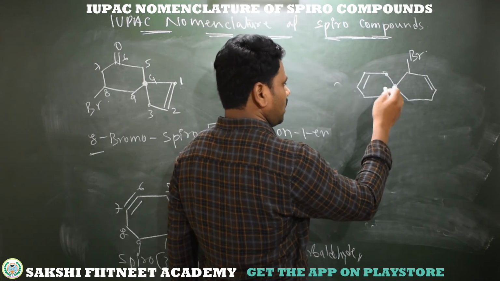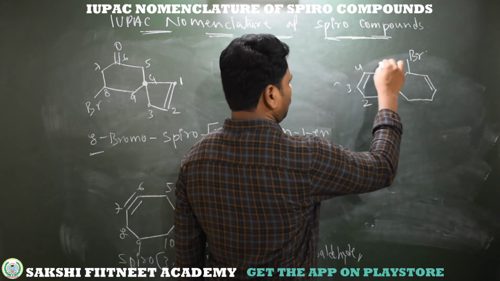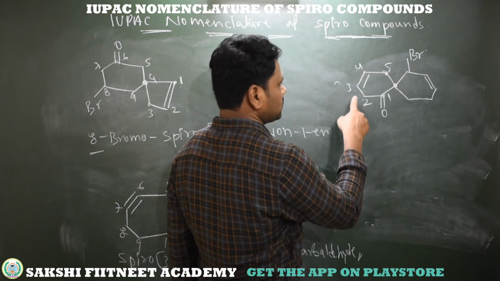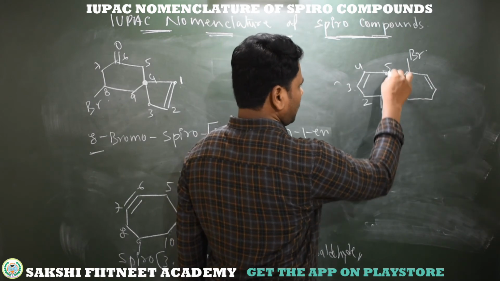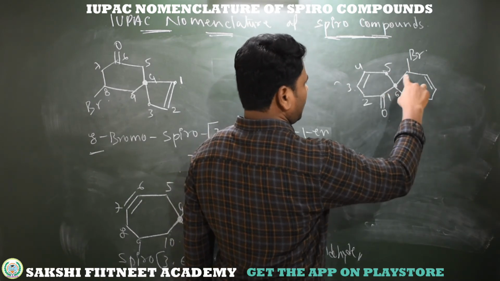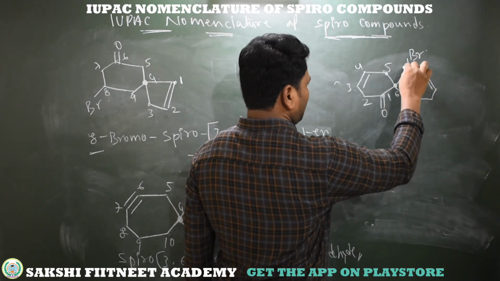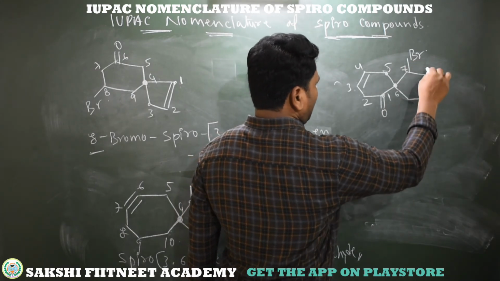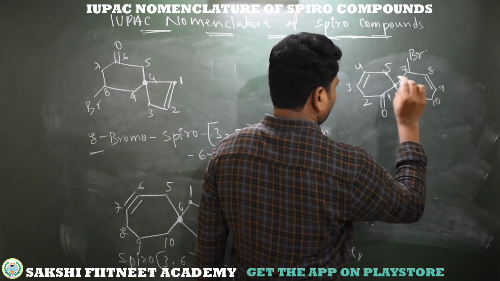So according to the least locant order: first, second, this is third, fourth, fifth. I complete these 5 carbons in this ring, then pass through the spiro carbon 5, and here 6. Now I can follow clockwise or anti-clockwise. Clockwise, I get bromine at the 7th position and unsaturation at the 8th position, then 9, 10, and 11.